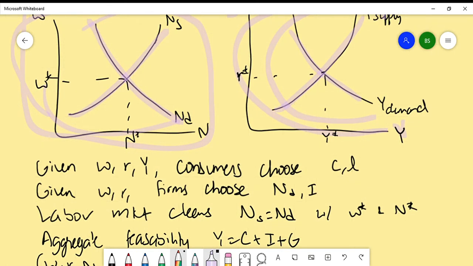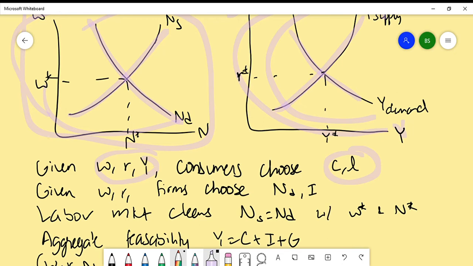One of the things is that given the wage, the rate, and the income, the consumers will choose a certain consumption and leisure. Another thing is that given a wage and a rate, firms will choose a labor demand and an investment.